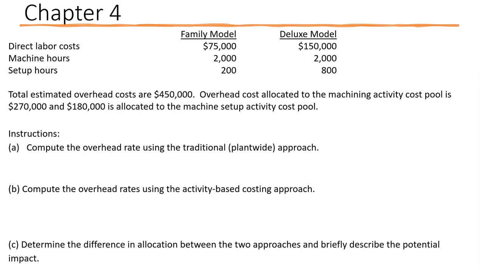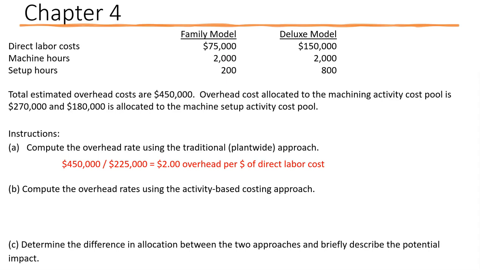So we take the total overhead, $450,000, divided by the total direct labor costs, which we get by adding the family model and the deluxe model, the $75,000 plus the $150,000. So 450 divided by 225 is $2 of overhead per dollar of direct labor cost. So for every direct labor dollar you have $2 of overhead.